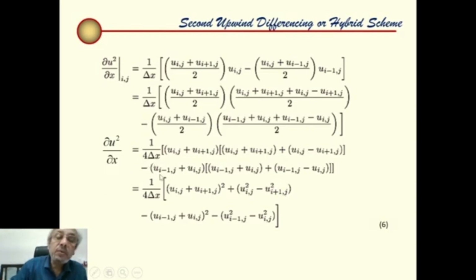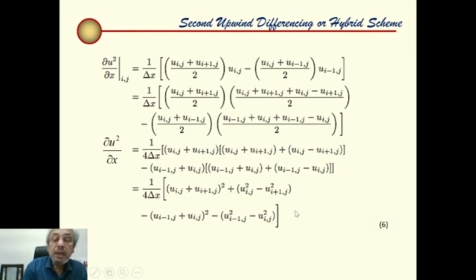Minus quantity, now look at the minus quantities. So this is ui minus 1j plus uij multiplied by this, meaning ui minus 1j plus uij squared. And then this is again a plus b being multiplied with a minus b. So it will be minus ui minus 1j square minus uij square.